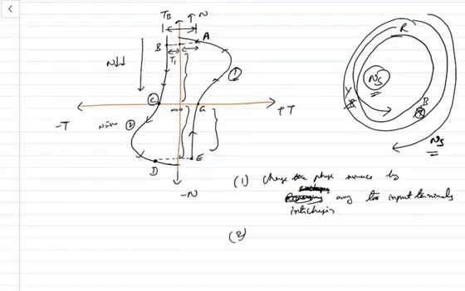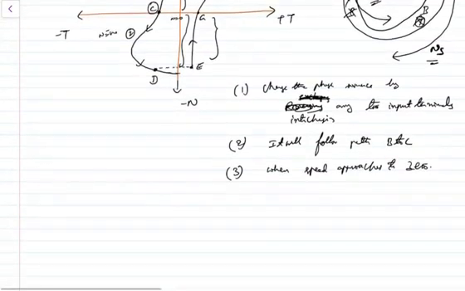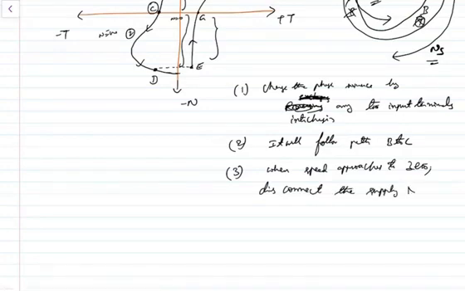Now then, the curve will follow the path B to C. So the third step: when the speed approaches 0, you have to disconnect the supply and apply mechanical brakes to further stop it.